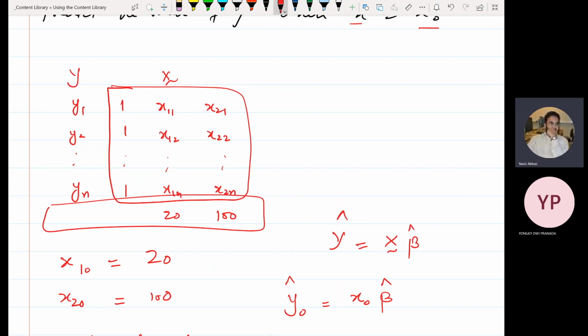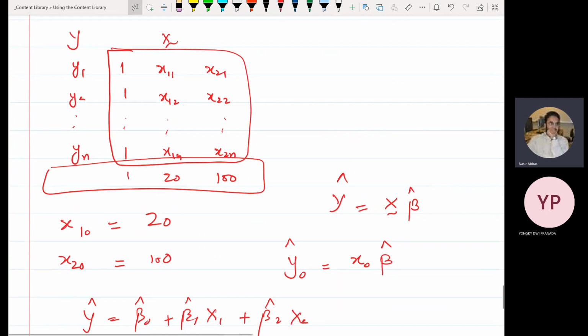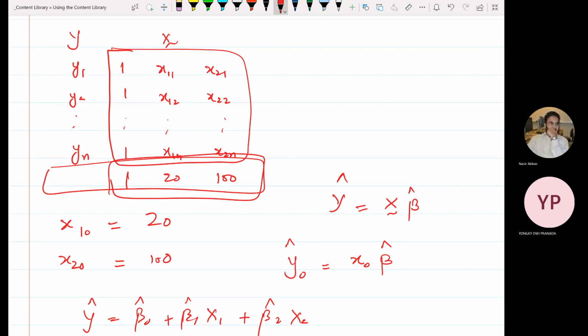Right? And this new x naught is what? It is this row: 1, 20, and 100. Why 1? To compensate for beta naught hat. 20 is to be multiplied with x1, and 100 is to be multiplied with x2.